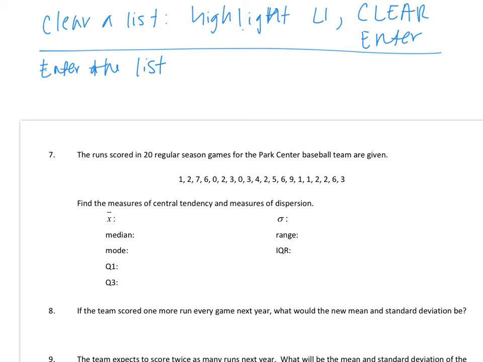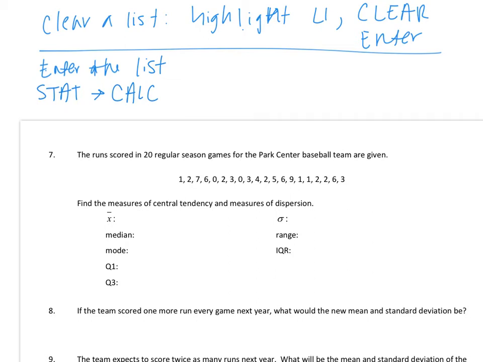All right, so I have them all entered. I'm just going to double check that I didn't miss any. All right, looks good. So now what we do is we hit stat again, then go over to calc, and then the very first one.